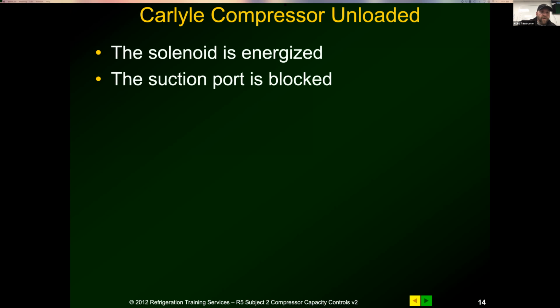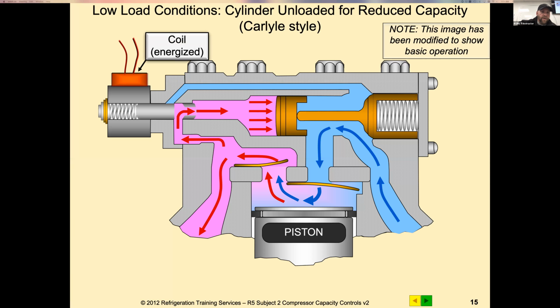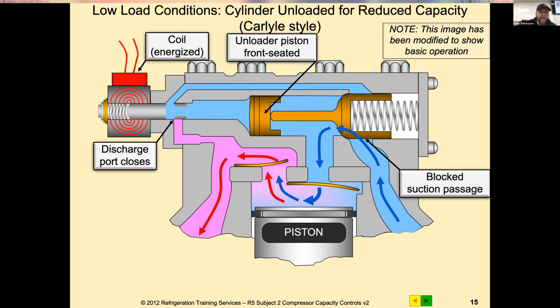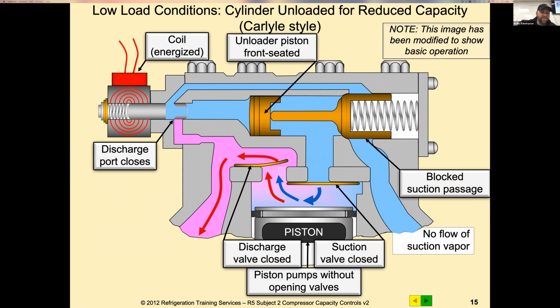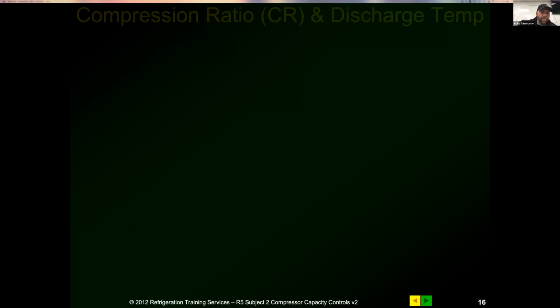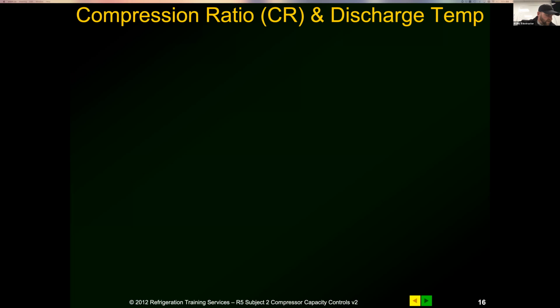The thing to remember is what state the compressor's in, energized or de-energized. When a coil energizes, it pulls back that seat, and the discharge pressure pushes down on that to continue to engage that seat. So the piston continues to freewheel without any back pressure on it. Any questions on that?